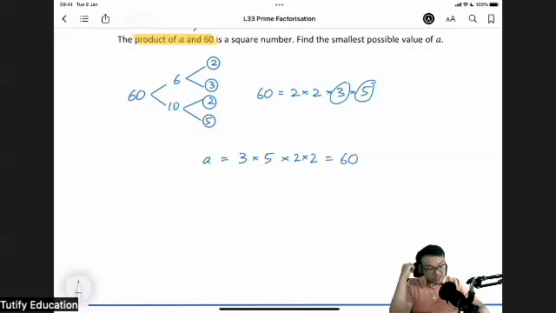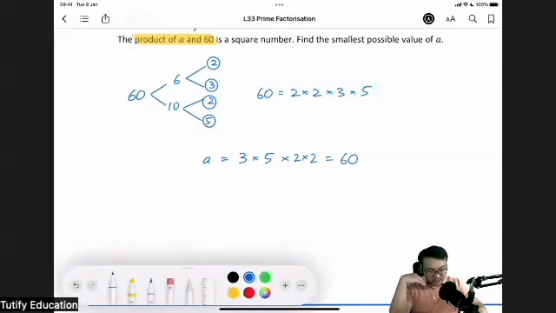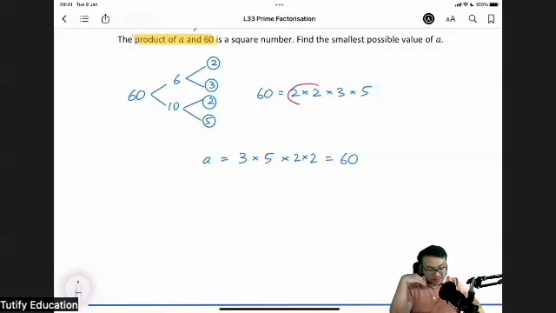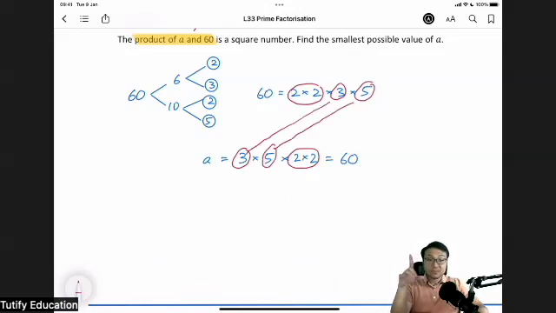Do you think A can also be 60? Actually, yes. As long as every number has a partner. Can you see every number has a partner? Partnering. And this is also a partner. It will still become a square number, Kate. Right? But in this case, the answer is wrong. It cannot be 60. Do you know why?